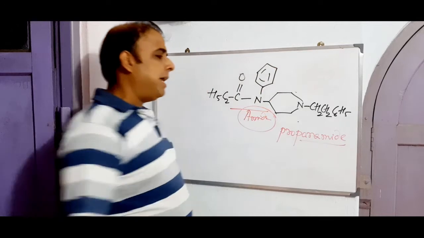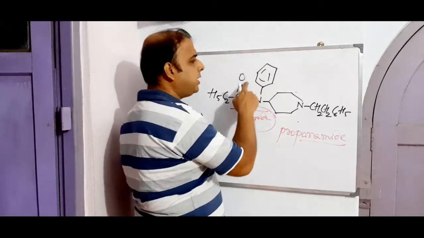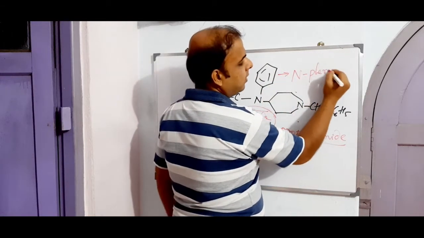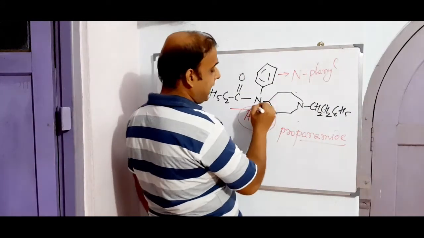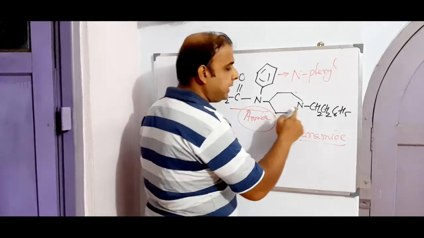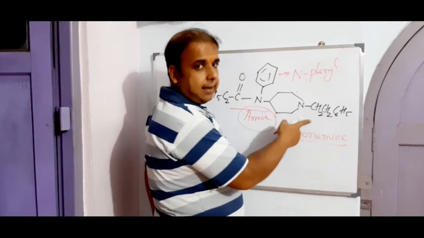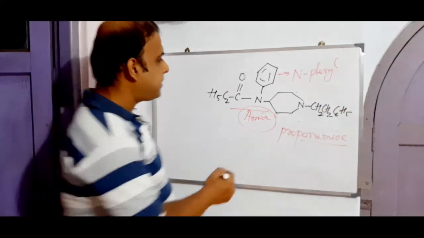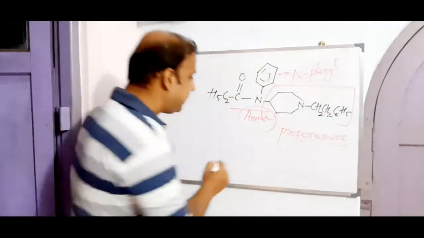To this propanamide, the nitrogen is found to be di-substituted. We have a substitution here as phenyl, so N-phenyl is one of the substituents. The other one, the N is holding another, that is piperidine. To this piperidine, the first nitrogen is holding phenethyl, or 2-phenylethyl. How can this portion be written?